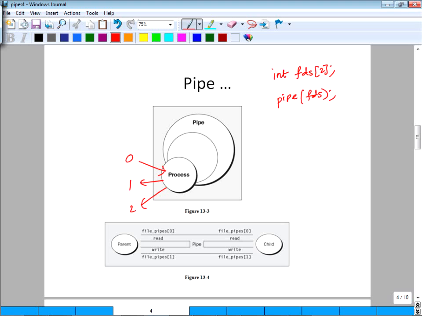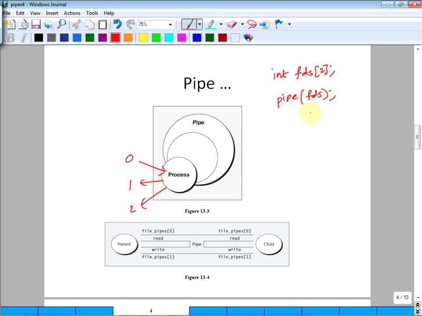You basically create a pipe, and you get 2 indices. This is an array of 2 integers, right? Remember, 0, 1, 2 are already in use, so it will give you a sequential allocation: 3 for reading, I think. Yeah, 3 for reading, 4 for writing.